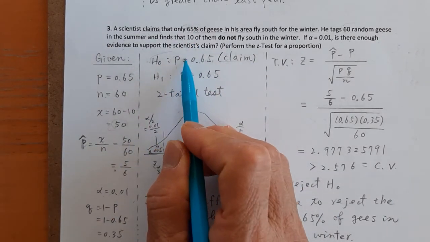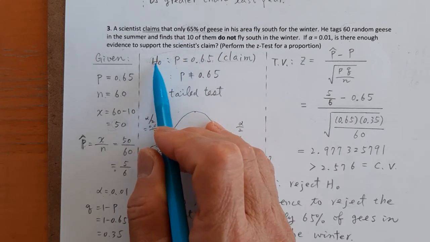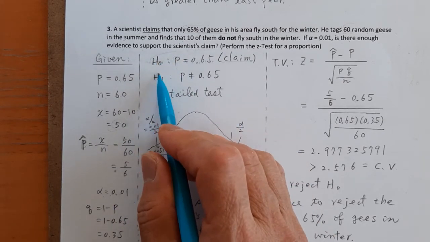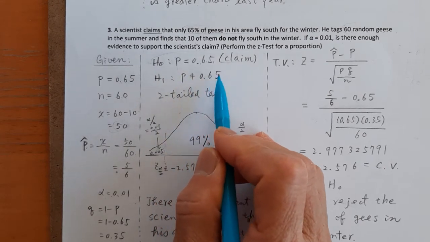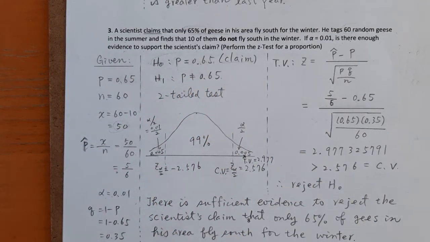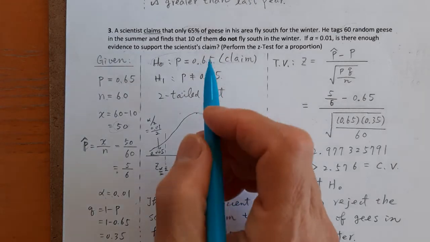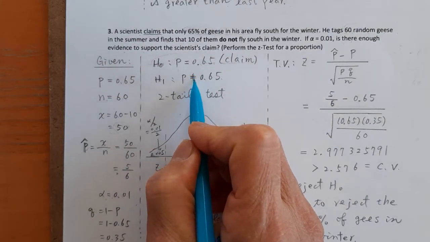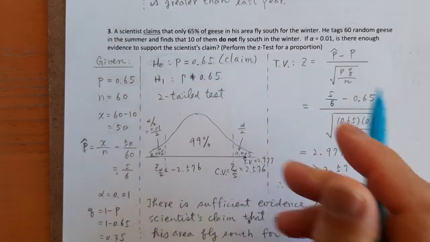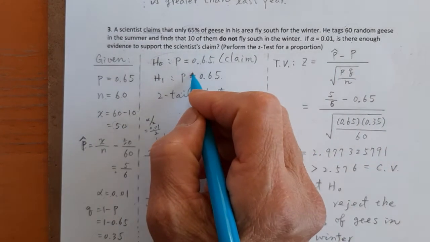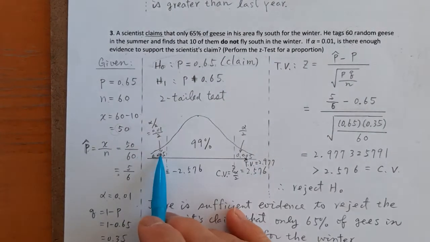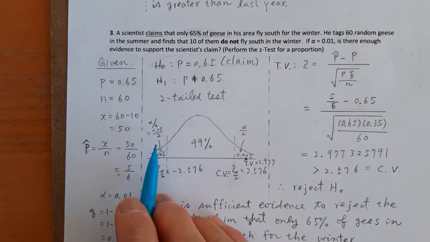So it's an equal sign, so that's given for H0. And H1 is not equal, P not equal 0.65. Now according to H1: if H1 is not equal, it's going to be a two-tail test.